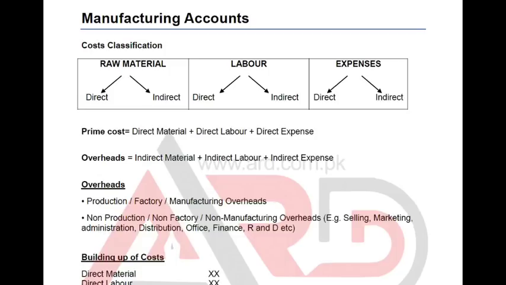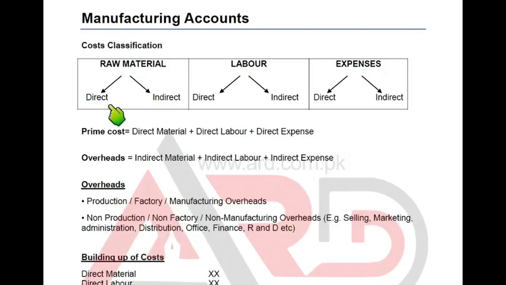So first of all, we need to understand there are three basic elements of cost, which are material, labor, and expenses. Secondly, we can also study cost classification as direct versus indirect. Now, what does direct cost mean? Direct cost is a cost which can easily be traced or identified in a particular product or service.